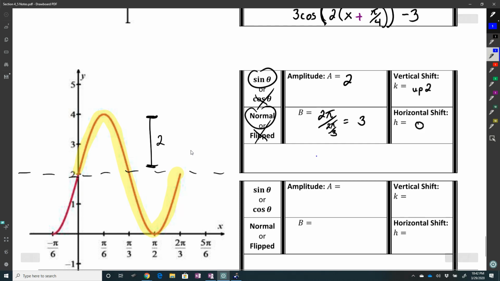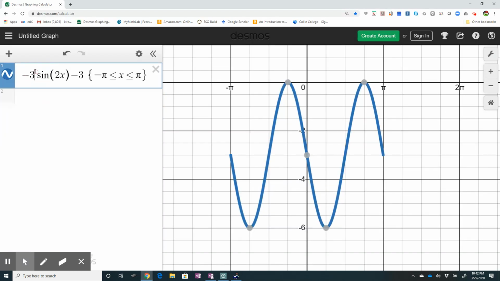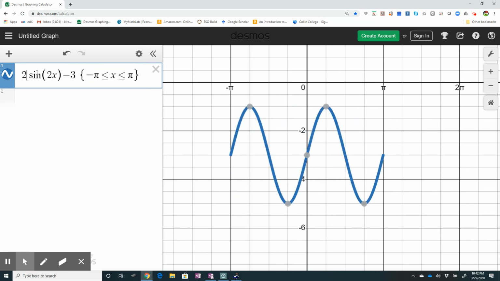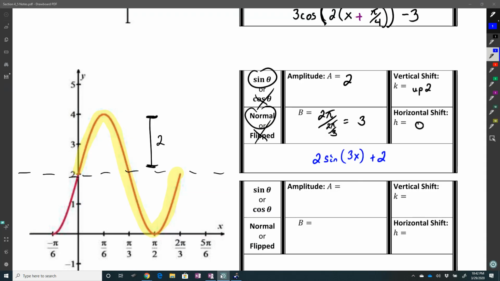So it's 2 sine 3x plus 2. All right, and this is from negative pi over 6 to 2 pi over 3. So just to avoid any mistakes, let's go to Desmos, and let's make sure we got it right. 2 sine of 3x plus 2.